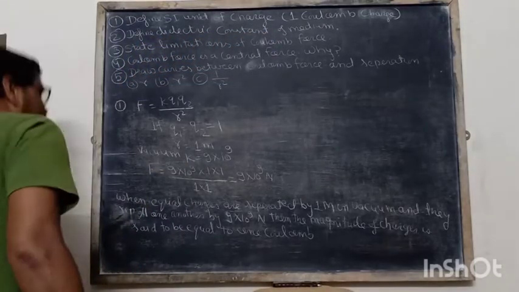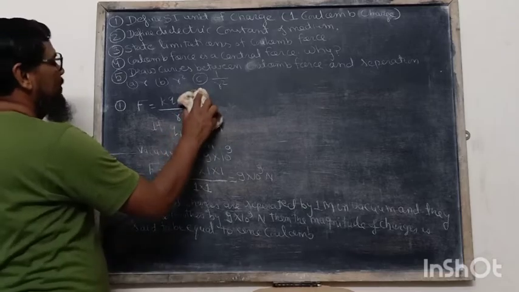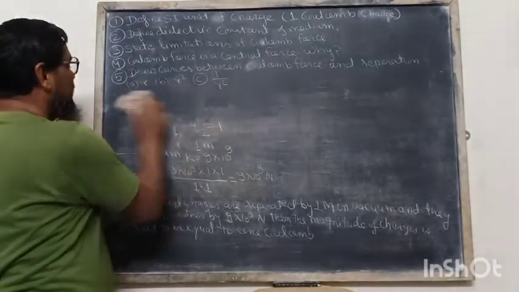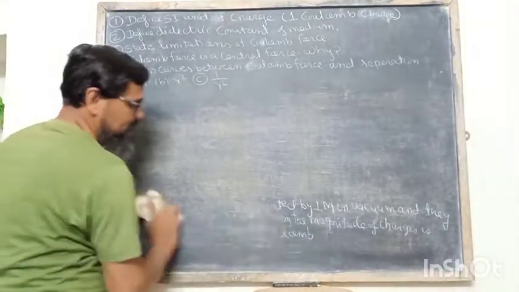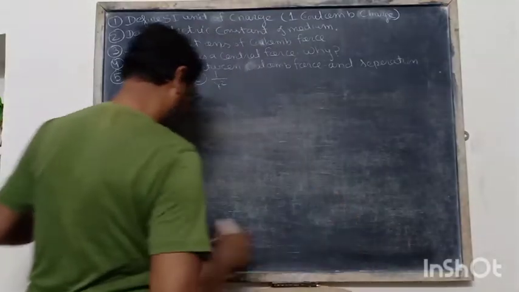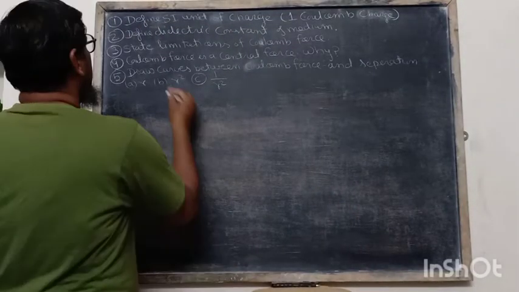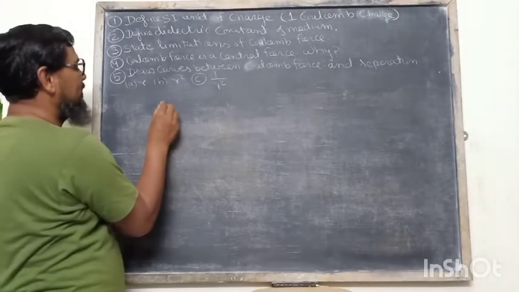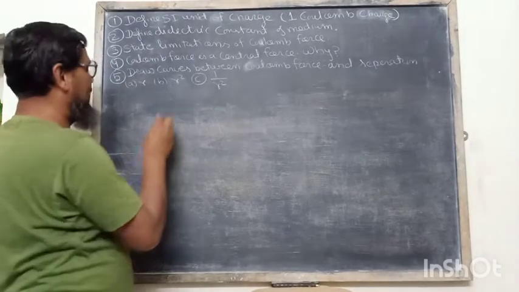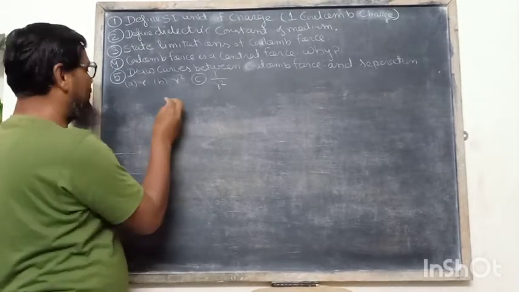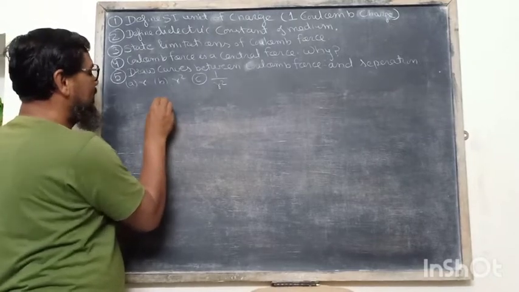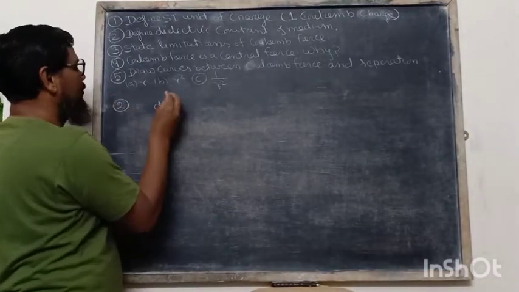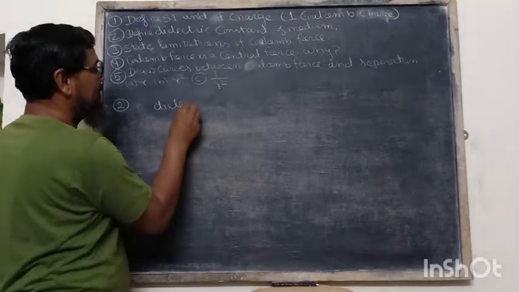The dielectric constant of medium is the answer of question number 2. Dielectric constant is nothing but the relative permittivity, and we have discussed the relative permittivity.